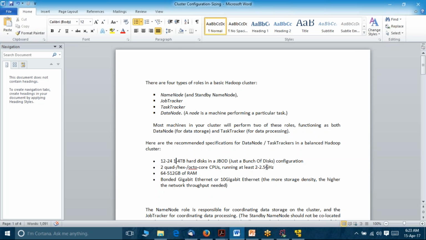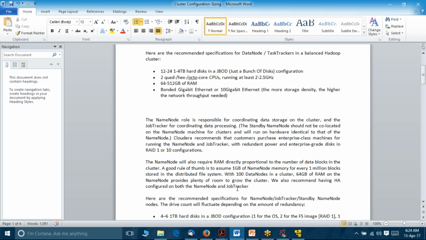The more storage density, the higher the network throughput needed. Now looking at this, you understand the core hardware configuration.